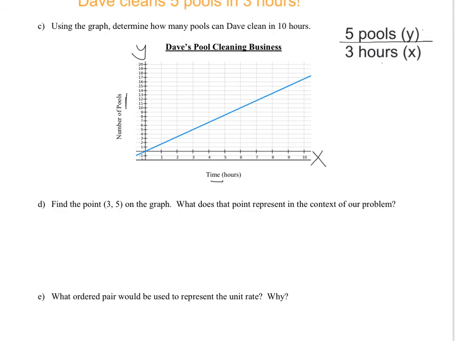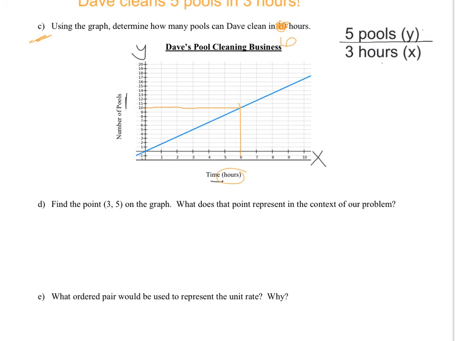Okay, so looking at C, it says using this graph, we are going to determine how many pools Dave can clean in, I think yours says 6 hours. If it doesn't say 6 hours, we change it to 6 hours, okay? Because 10 hours doesn't fall on a point very well. Okay, so 6 hours, here's our hours, and here are 6. So we're going to highlight that line there, and we're going to take that line over.